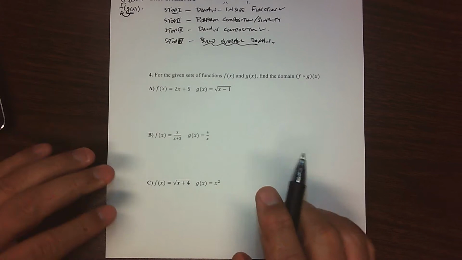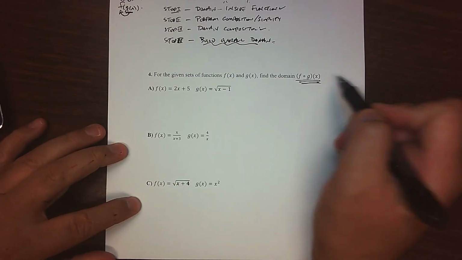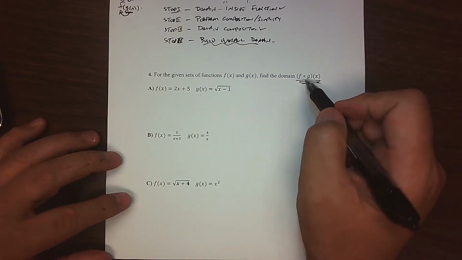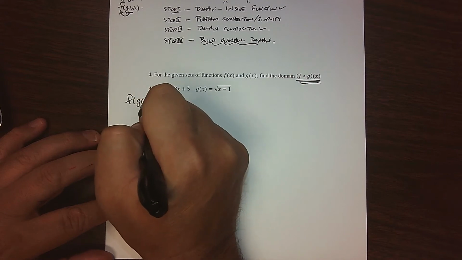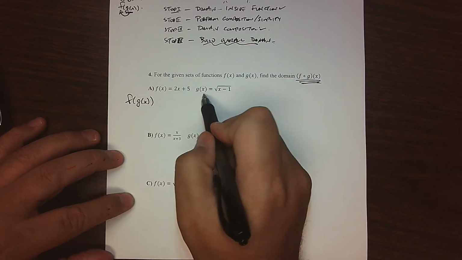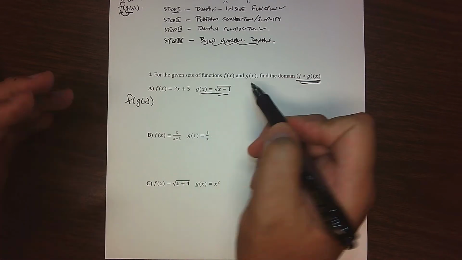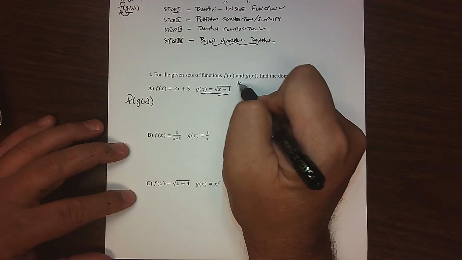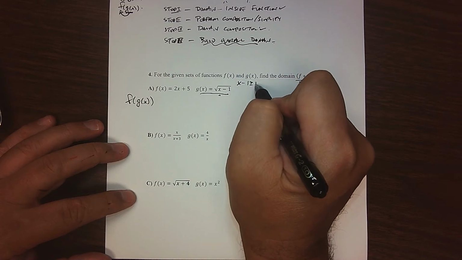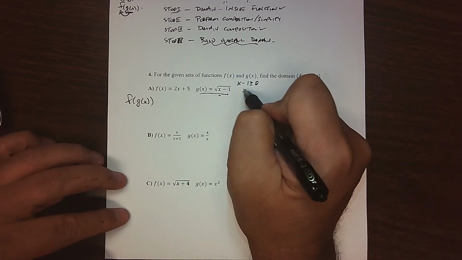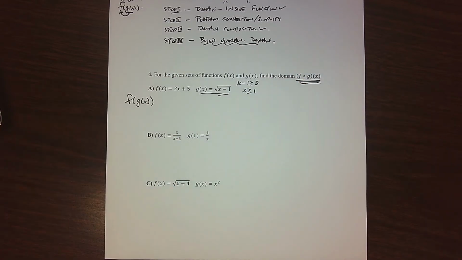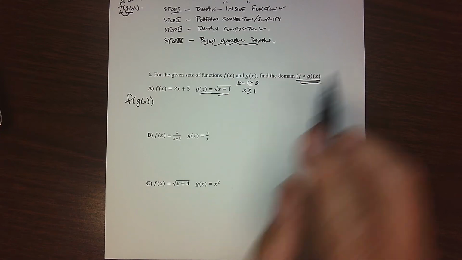Looking at our first example, we're eventually going to find f composed with g, so we are putting g inside of f. I first have to figure out whether there are any red flags for the beginning function. And there are: we have to make sure that x minus 1 is greater than or equal to 0, so x is greater than or equal to 1.